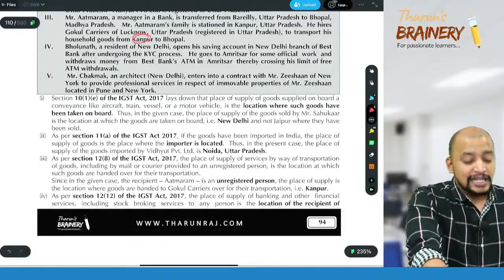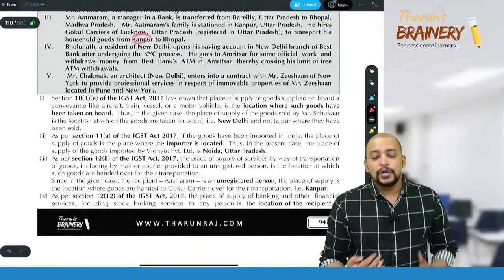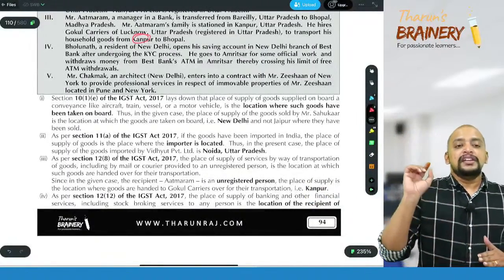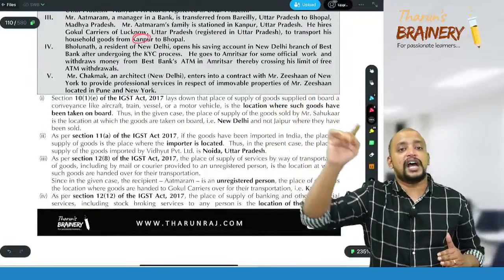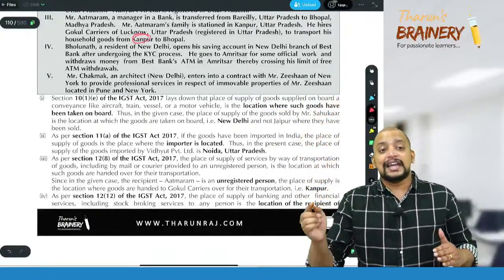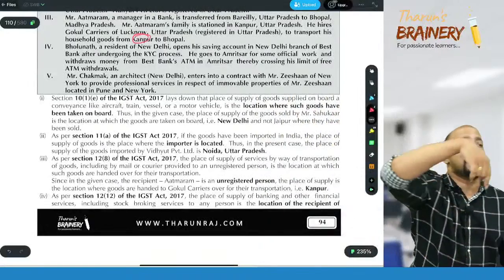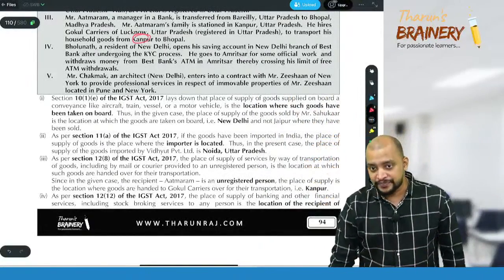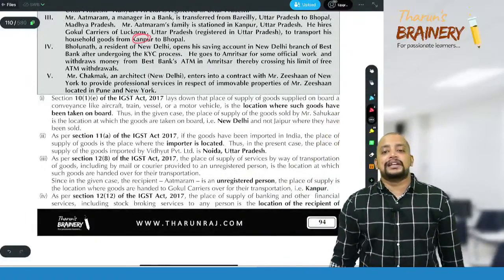But we have section 13 subsection 6 which says that if part of the service is in India and part of the service outside India via a single contract, the entire amount will be taxable in India. Therefore this entire consideration will be taxable in India.